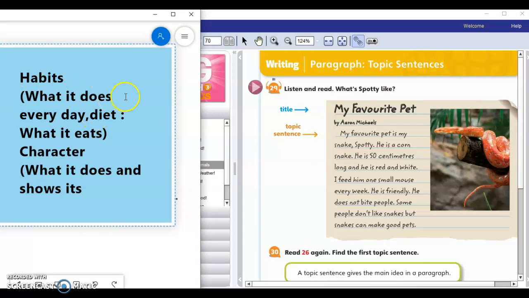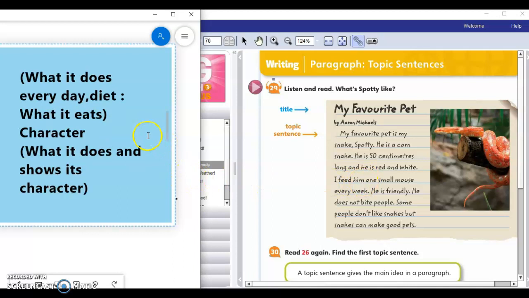All these are habits, things that the pet does every day. You can also talk or write about its diet, that is, what it eats. All right, here Aaron is writing about what he feeds his pet.